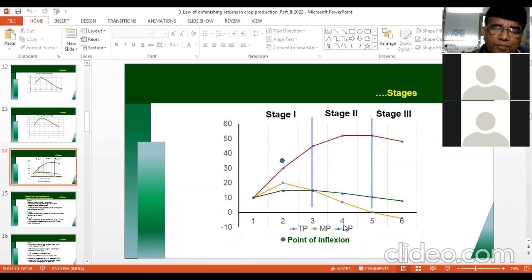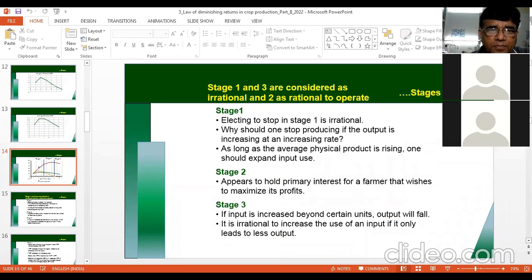The ideal unit of variable factor may be before 5, maybe 4.5, maybe 4.3, maybe something else, where the price of the additional output equals the cost of the additional input. So that point is the point of maximum return. Therefore, stage 2 is the rational stage where an operator or farmer should operate. Otherwise, stages 1 and 3 are not considered rational stages.